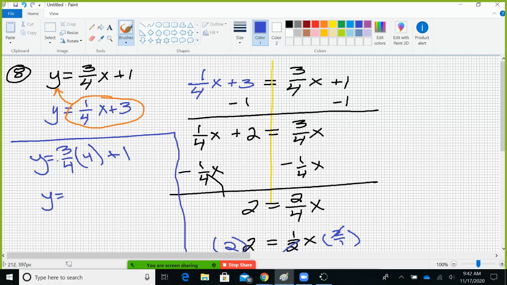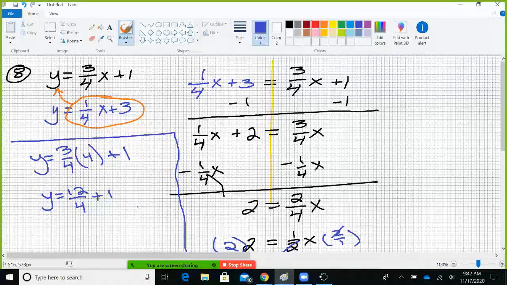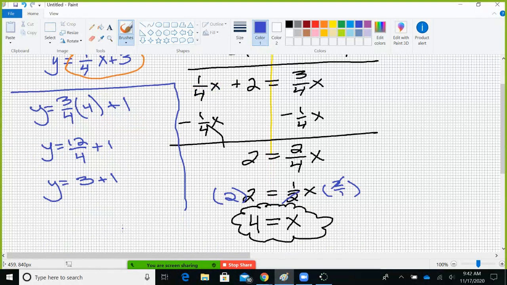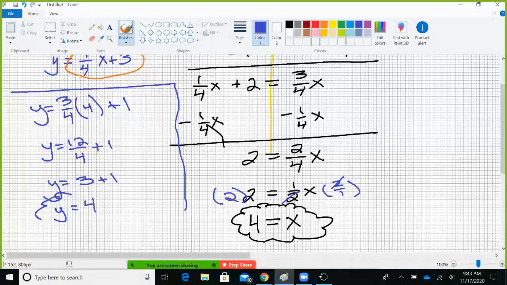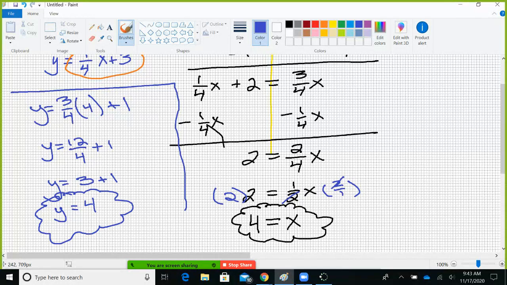So y equals 3/4 times 4 is 12/4 plus 1. 12 divided by 4 actually equals 3. So y equals 4. Nailed it. So my answer is 4, 4.